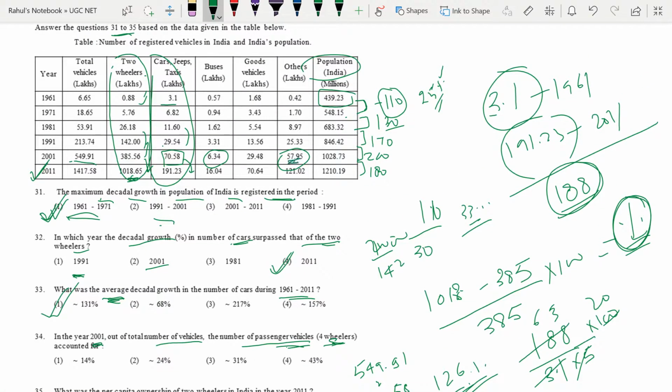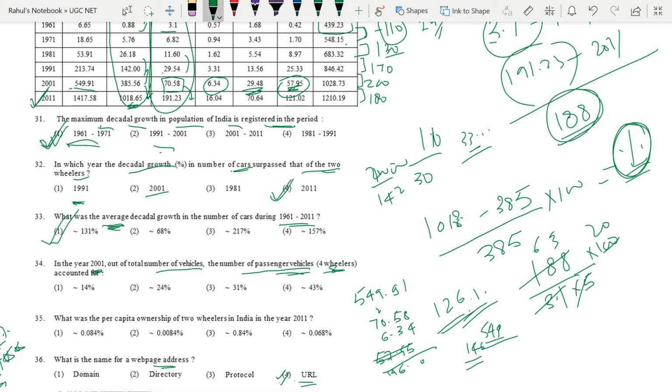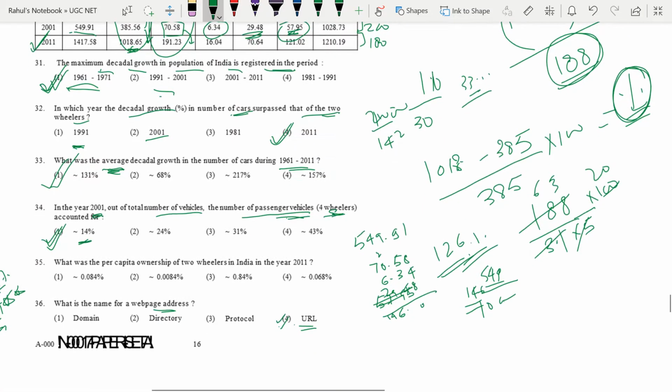This is not the part of vehicle now, because others, what does other means? We just need to include this 29 on the place of this 29.48. So 29 means 30, we can consider around 100 and something. It is very lesser than 20%. Approximately 14% is the answer, guys. You can do it.